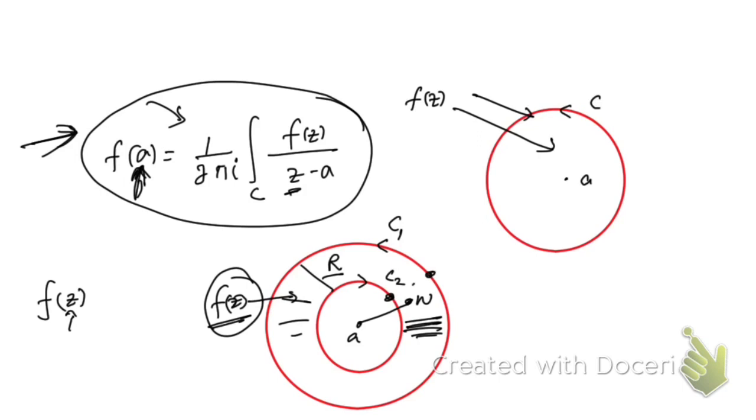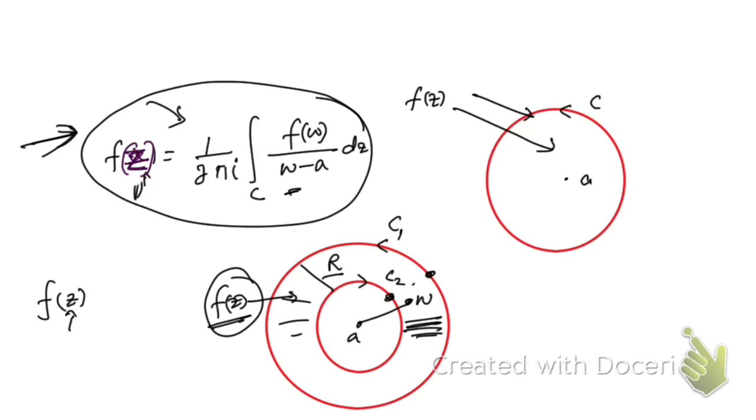Okay, now in that case, if you replace this A by z, then z minus a is replaced by w minus a, and this f of z should be f of w, and there should have been a dz.